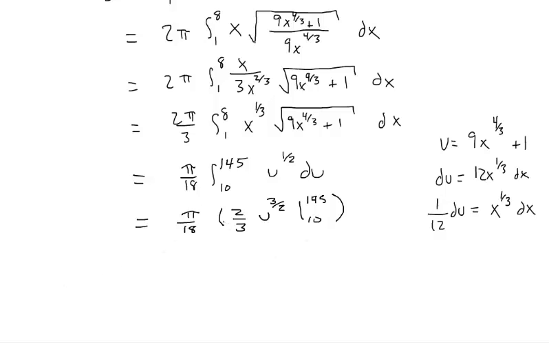And when I combine my constants again, I get pi over 27 times 145 to the 3 halves minus 10 to the 3 halves. And that's how we find area of a surface of revolution.